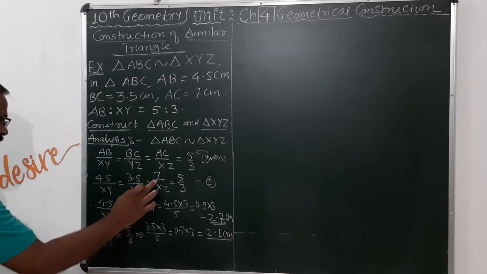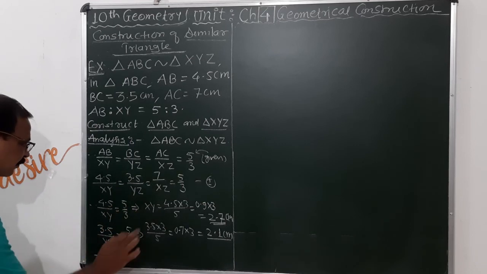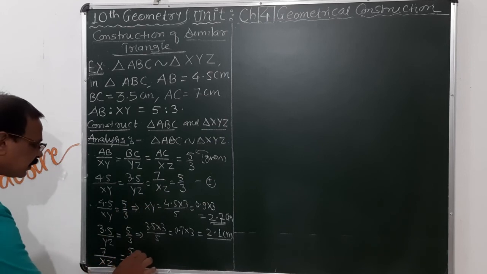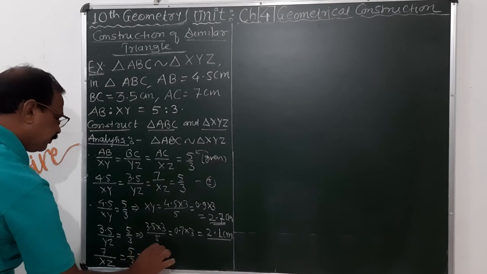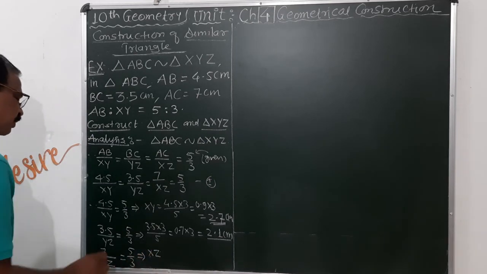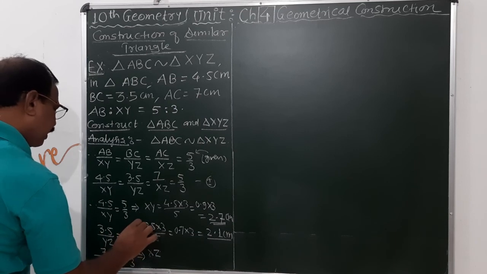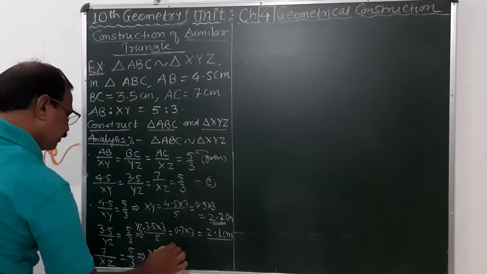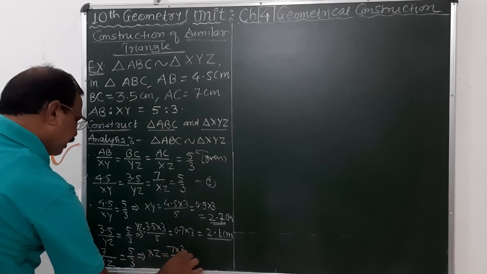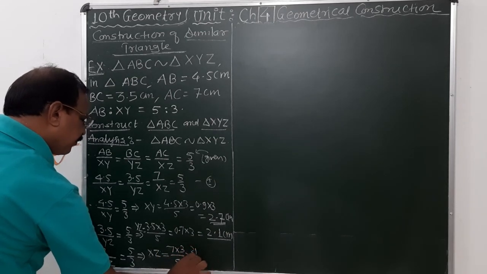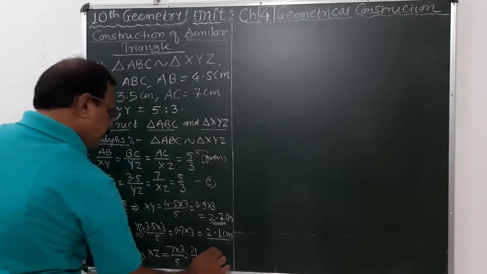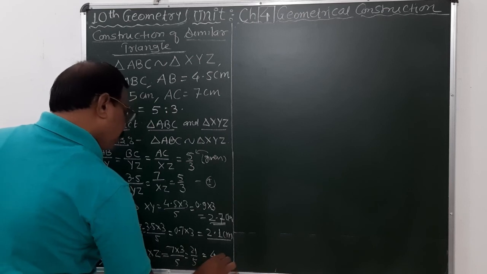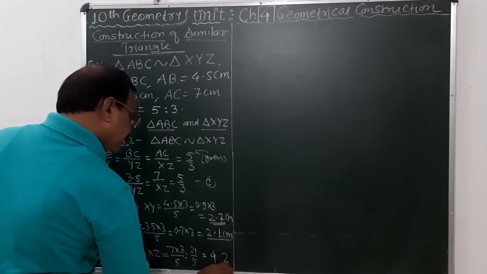Third is nothing but here 7 divided by XZ, which is equal to 5/3. It gives XZ is equal to 7 into 3 divided by 5, that is 21 divided by 5, and this value is equal to 4.2 centimeter.